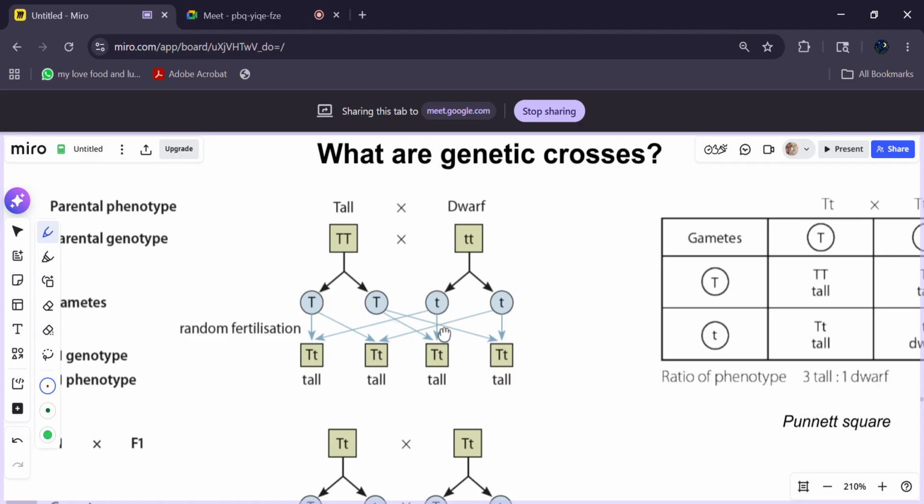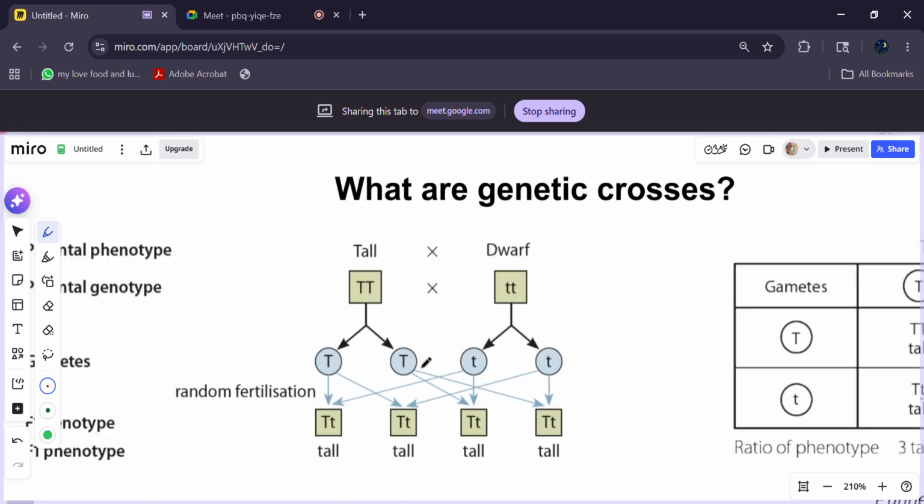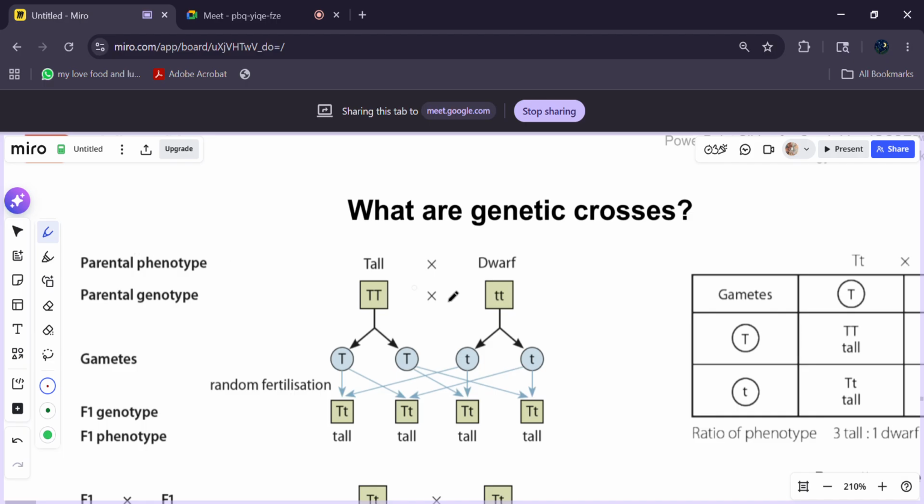Explanation. Here we did genetic crossing. Genetic crossing is a type of diagram we use to explain the chances of getting specific genes. You can see that the two pea plants were crossed, and one is tall while the other is short.